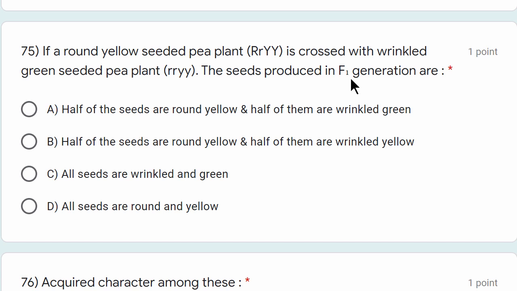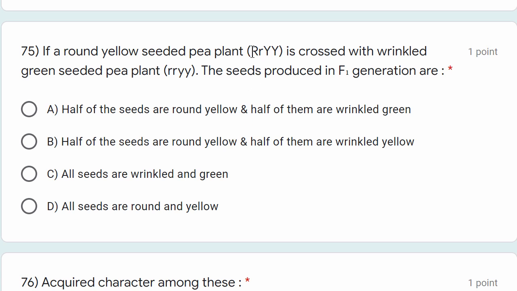First generation alli enagutte? Everything will be yellow. Because YY is dominant, and this is recessive, so everything will be yellow. So which one is all yellow? Either the last one is correct or B is correct. So let's find out how many of them will be round and how many will be wrinkled.